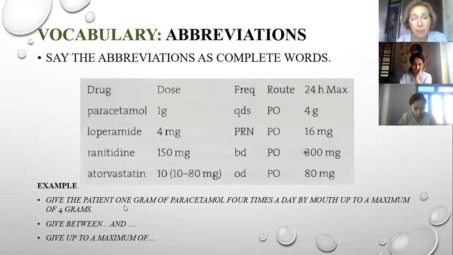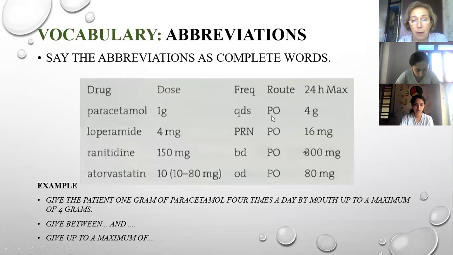So, in the example, we should just write the sentences about each line, and there is an example here for the first line about paracetamol. As you see, give the patient 1 gram of paracetamol 4 times a day by mouth up to a maximum of 4 grams.